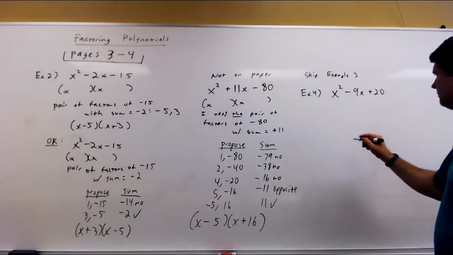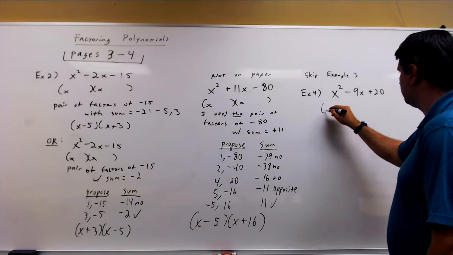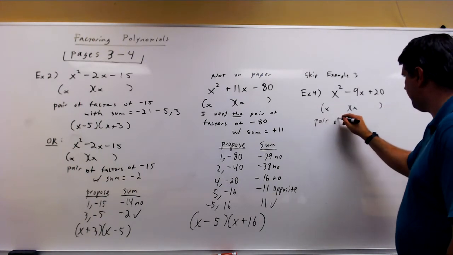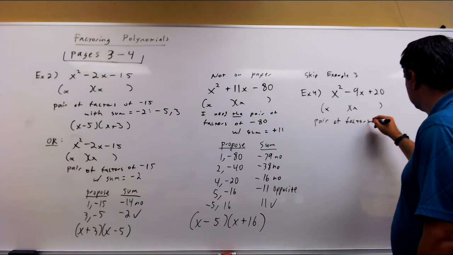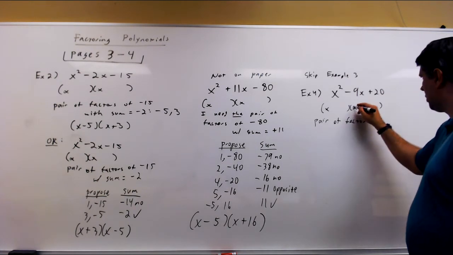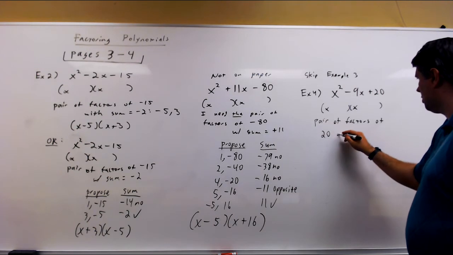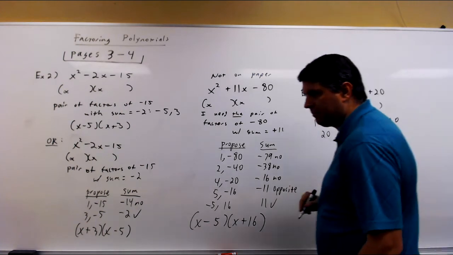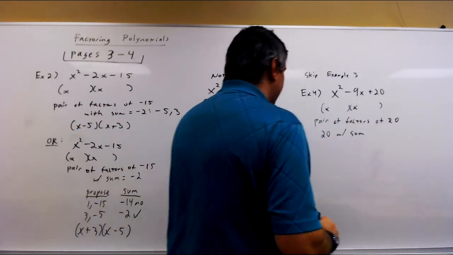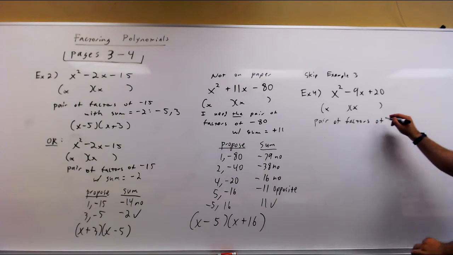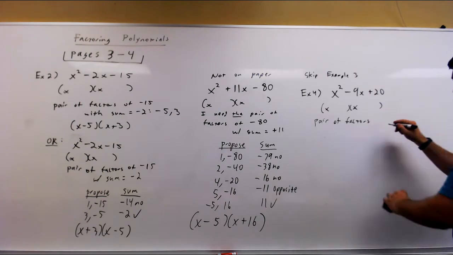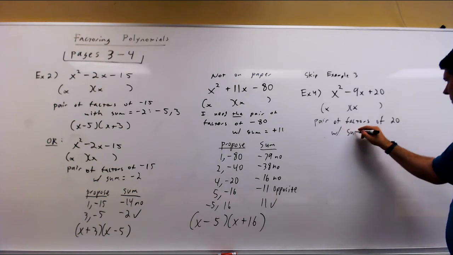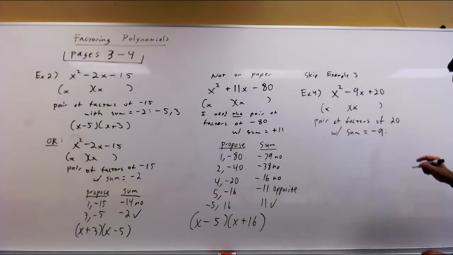So x and x, pair of factors of 20 with sum equaling negative 9.